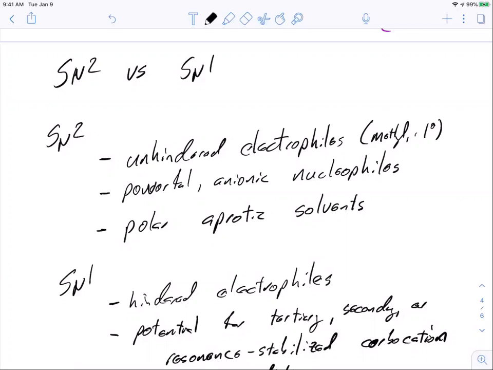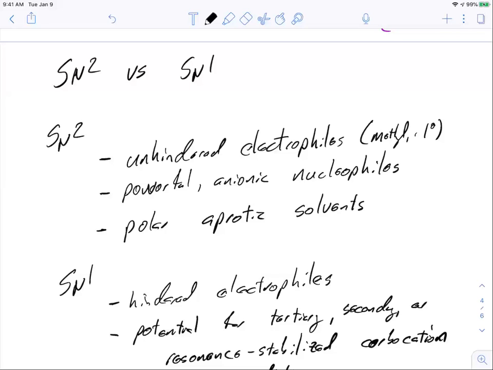Then after you have all that information, you need to put it all together and come up with a suggestion. The tendency that students have is to pick one. You fixate on solvents, you fixate on nucleophiles, you fixate on substrates, and then you ignore all the other issues, right? So you need to look at all of the considerations.